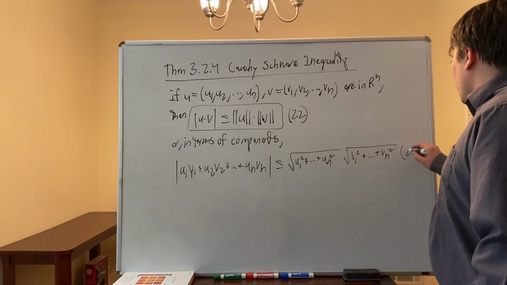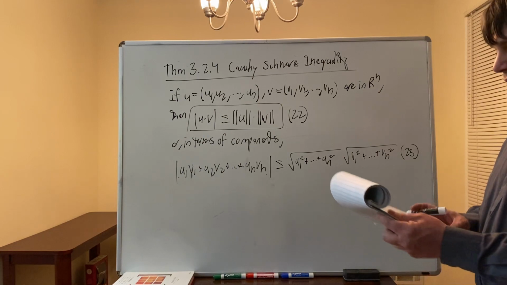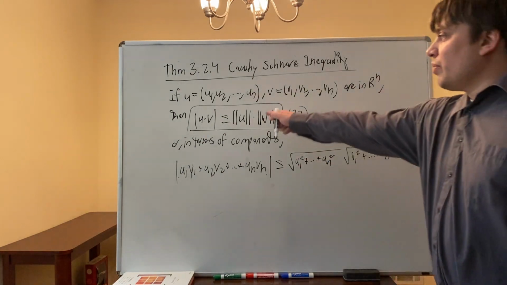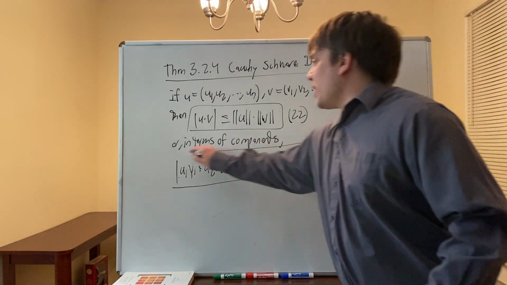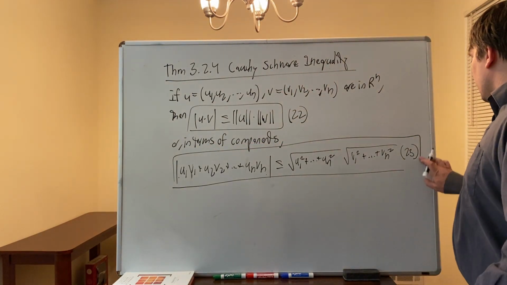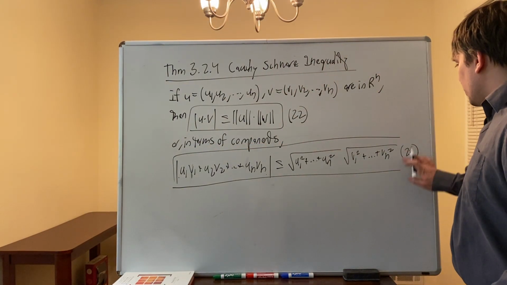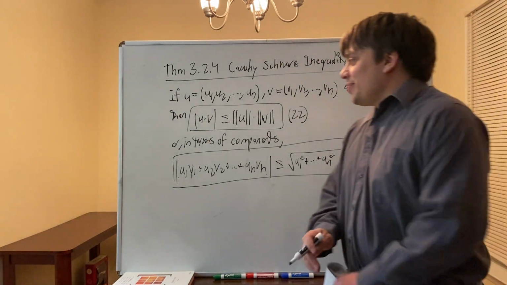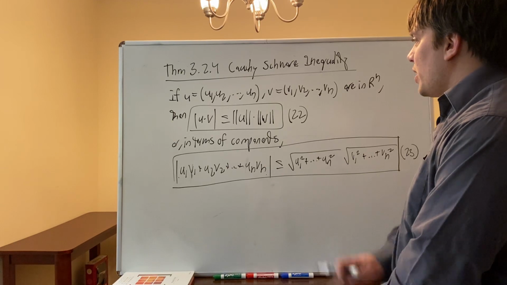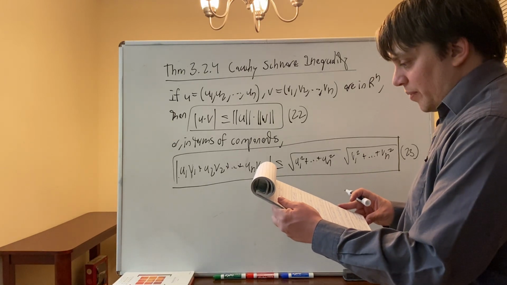And that's inequality 23. So you can rewrite that inequality in terms of components, but it's the same thing. You're just writing more to say the same thing. So that's the Cauchy-Schwarz inequality.